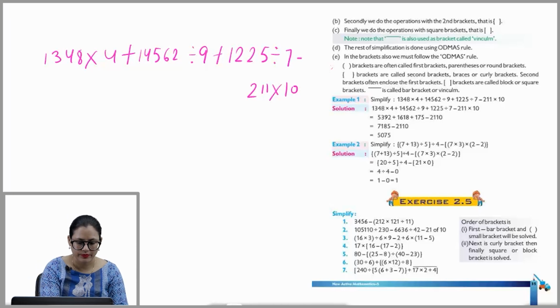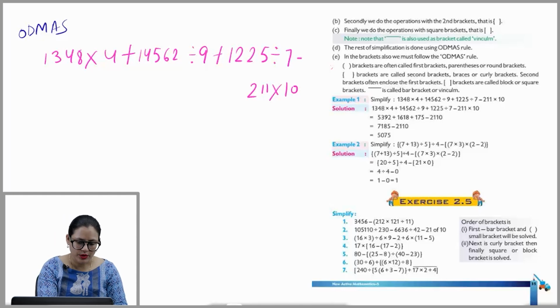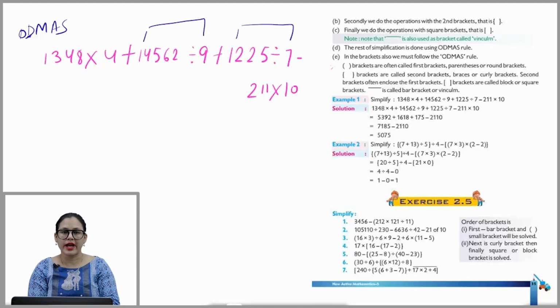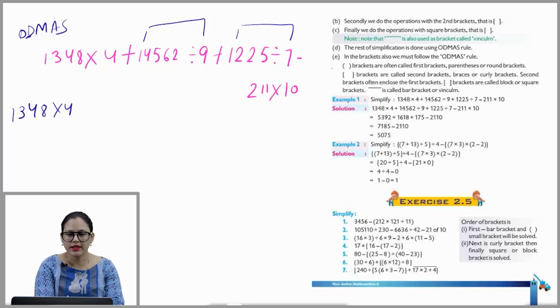The rule is BODMAS. There is no of, so first we'll do division. That means we will first divide these two numbers and these two numbers, and we will write the other numbers as it is. We'll write 1348 into 4, and after dividing this we will get 1618.